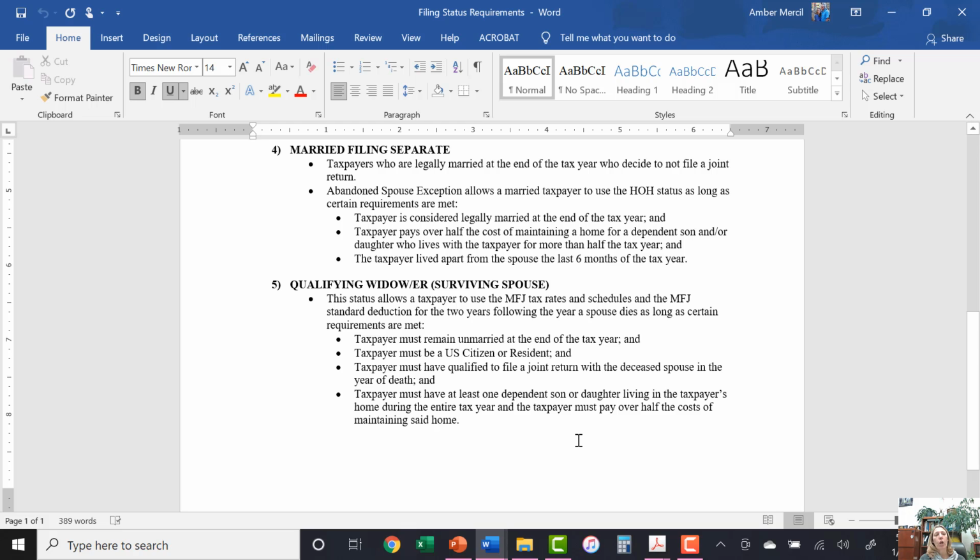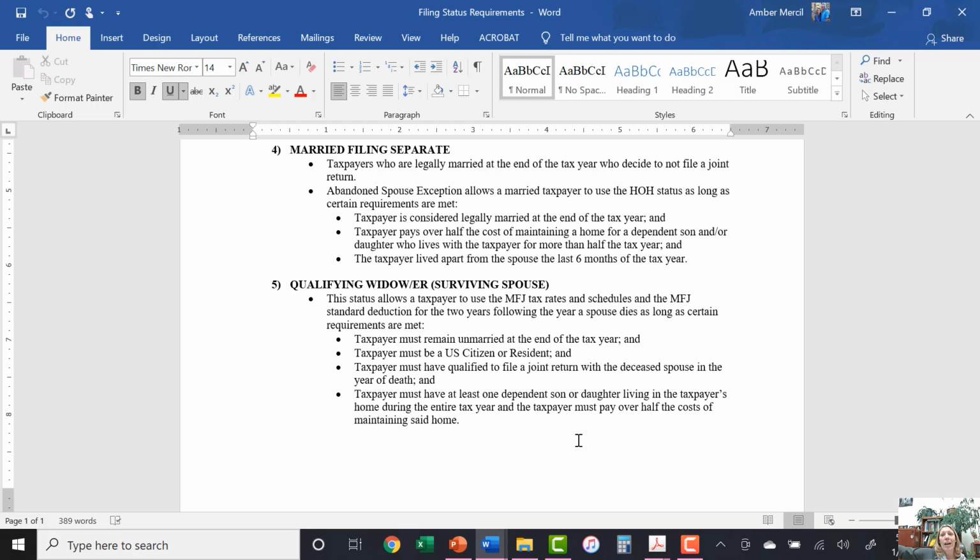Okay, when can we use this status? The qualifying widow or widower status can be used in the 2 years after death. So if the spouse dies in 2015, they can file married filing joint. But in 2016 and 2017, as long as they meet the requirements, they can use the qualifying widow or widower status.